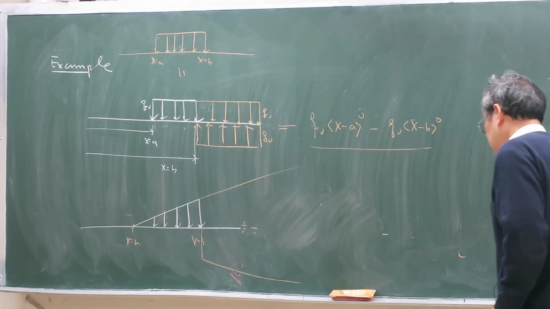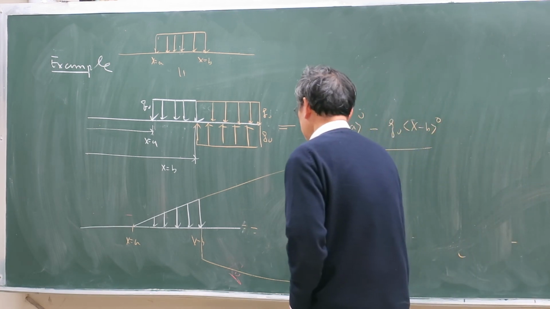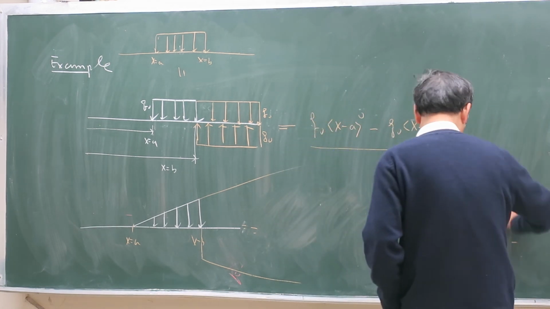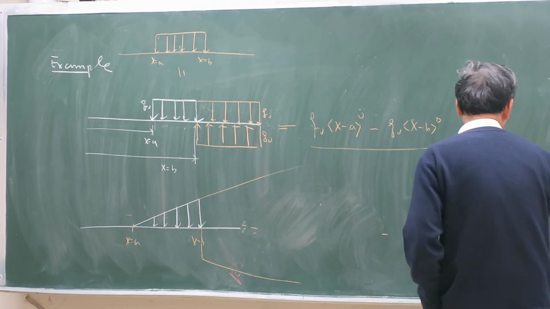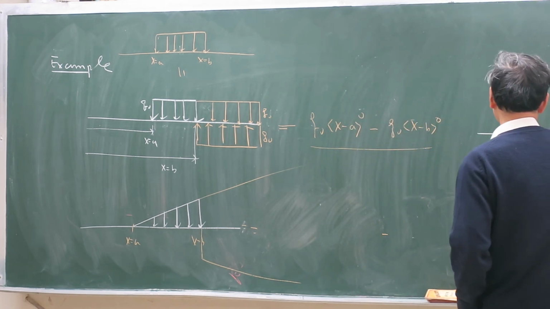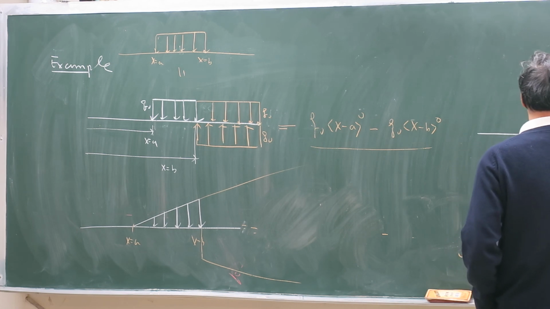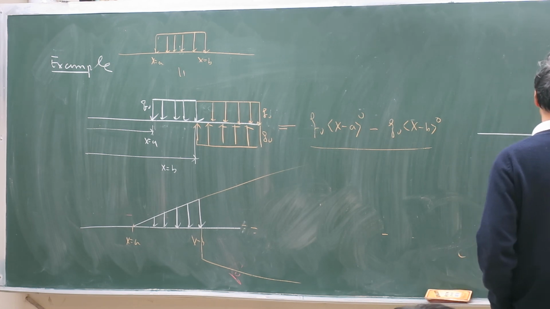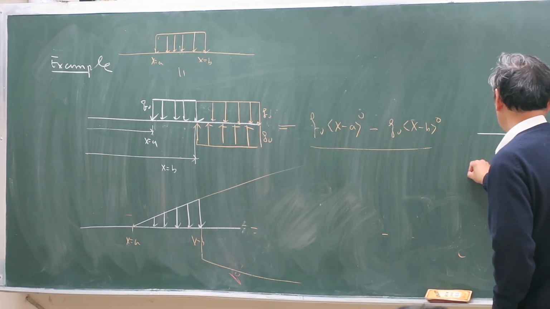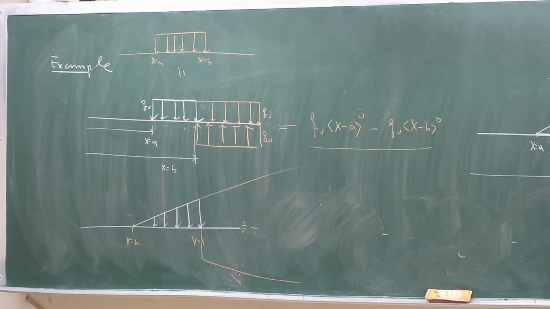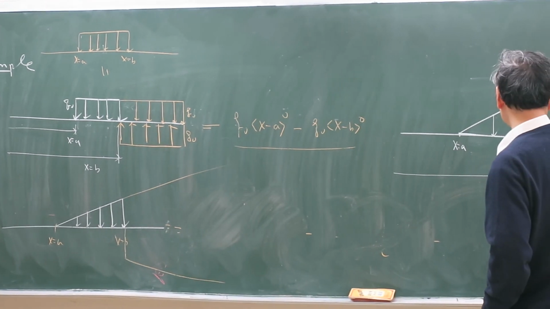Yeah, let's try. Maybe we do this triangle first. For example, this is x equal to a, and this is x equal to L. So this function will be what? The Q loading, and this is Q0.